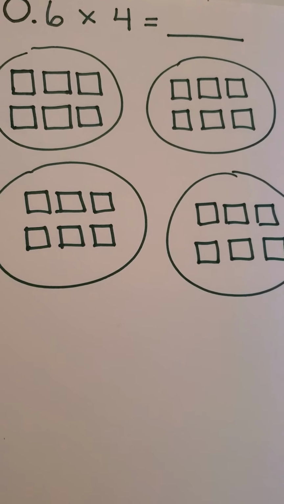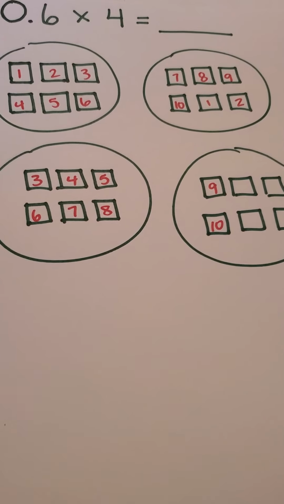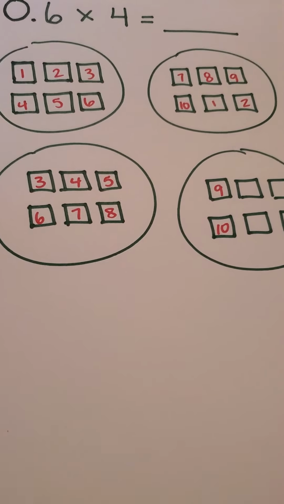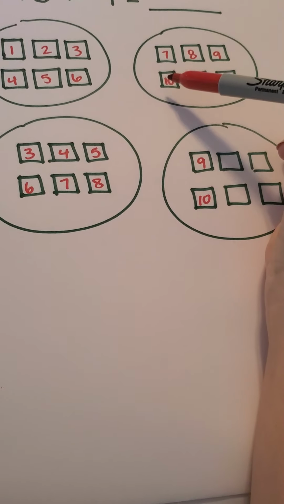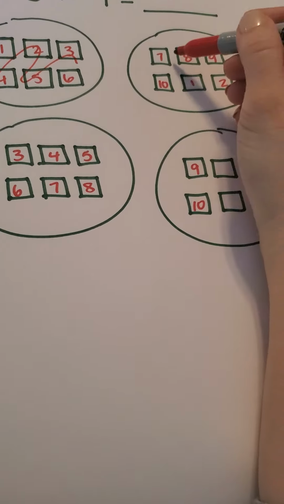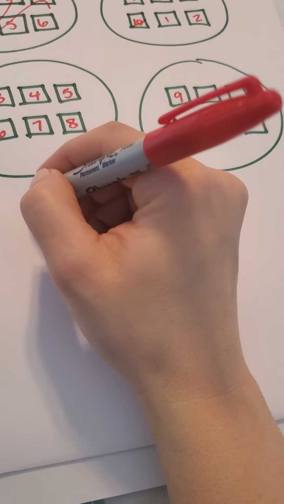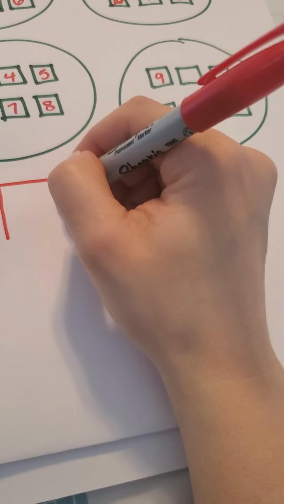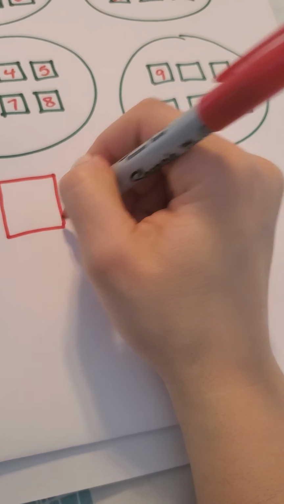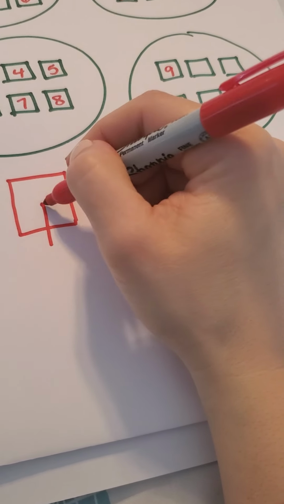So I'm going to show you how I'm going to group this. I just counted out 10 of each of my flats here. So I counted out 10. And what I'm going to do with those is put these together. So I'm going to put these 10 together, and I'm going to build a cube down here. So how I draw my cube is I just draw a square. And I go to the middle of my square. I'm going to draw another square.